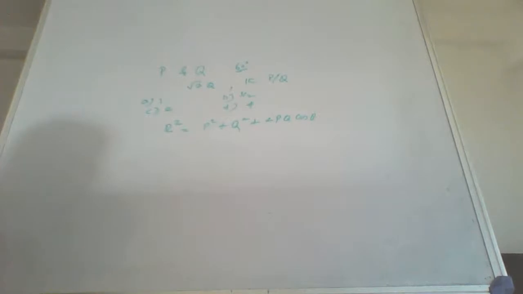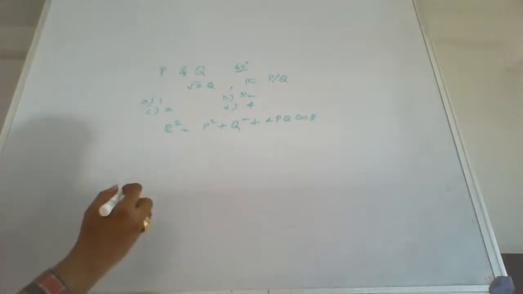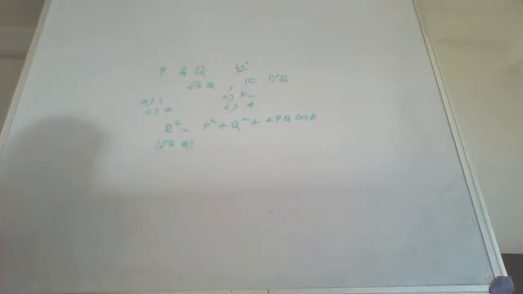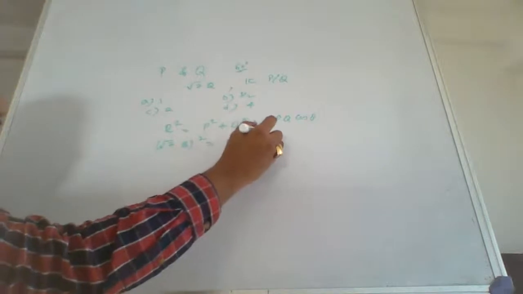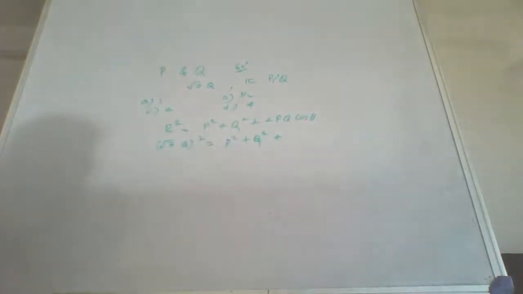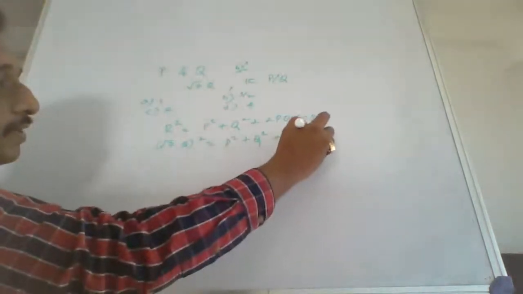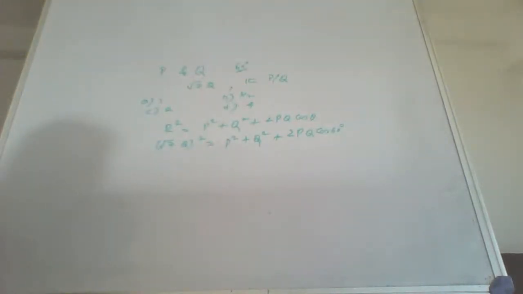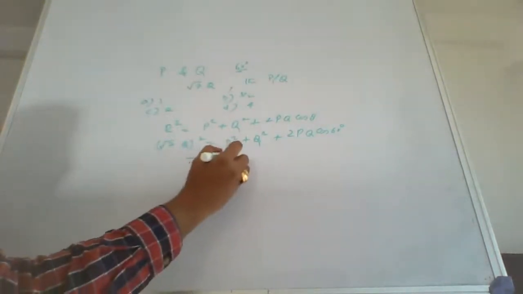So R square is root 7Q whole square, which is equal to P square plus Q square plus 2PQ cos 60 degrees, since the angle is 60 degrees. So 7Q square.